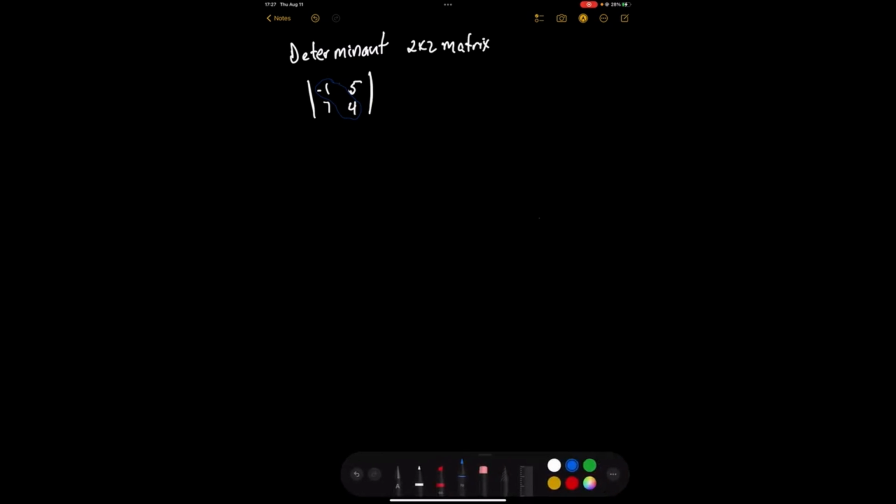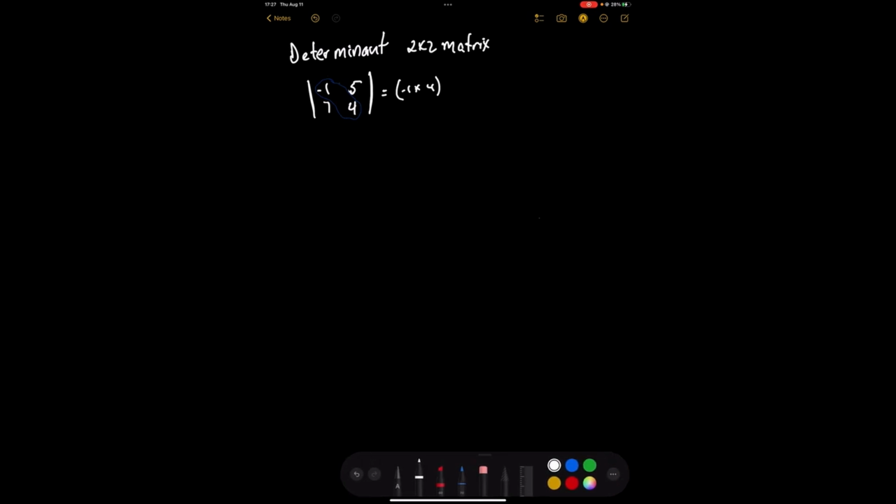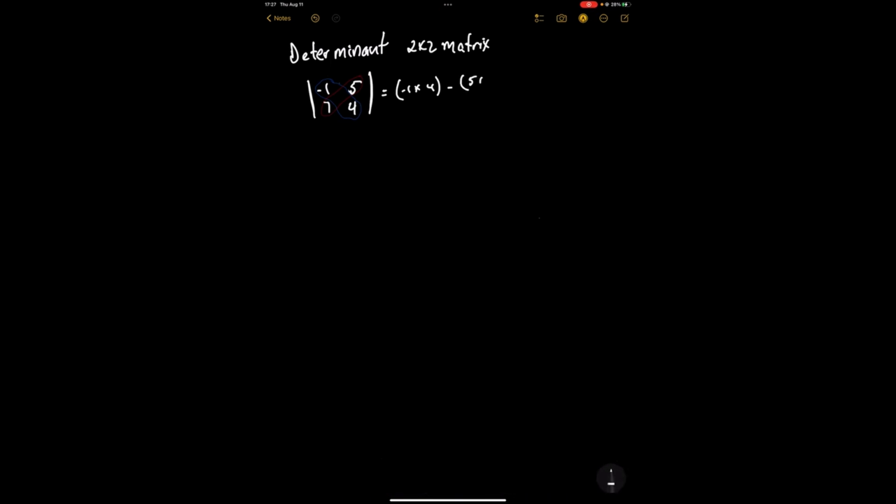So it will be -1 times 4, and then you subtract the second diagonal from the first diagonal, which is minus 5 times 7. And that's it. That's all you do.